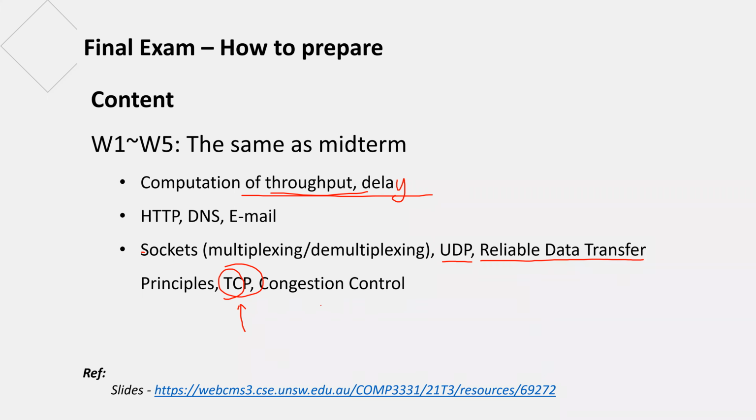And of course, congestion control, which is also part of TCP, must be tested. So know what slow start is, what AIMD is, and the TCP flavors like Tahoe and Reno. Let's have a look at the slides now.